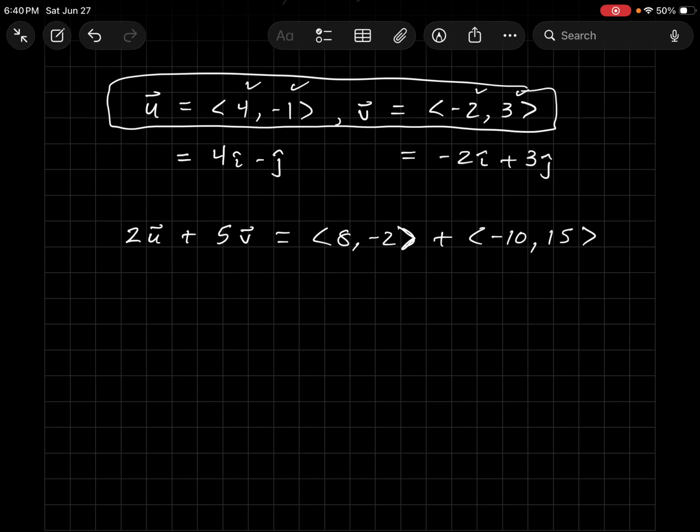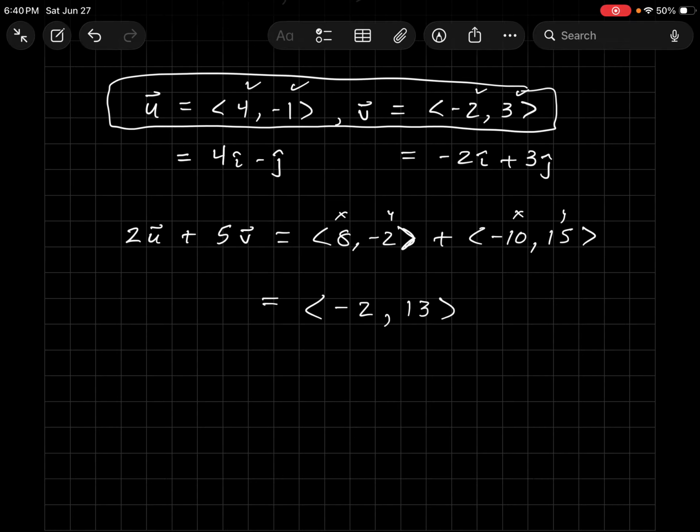And now I want to add these two vectors together by adding the like components. So I add the x's, giving us 8 plus negative 10, or negative 2. And now we'll add the y's. Negative 2 plus 15 is 13. So 2u plus 5v equals negative 2, 13.